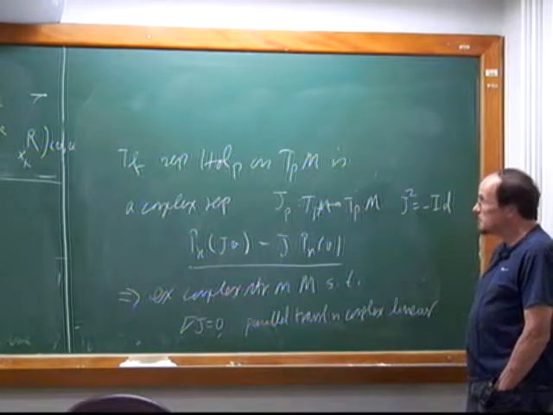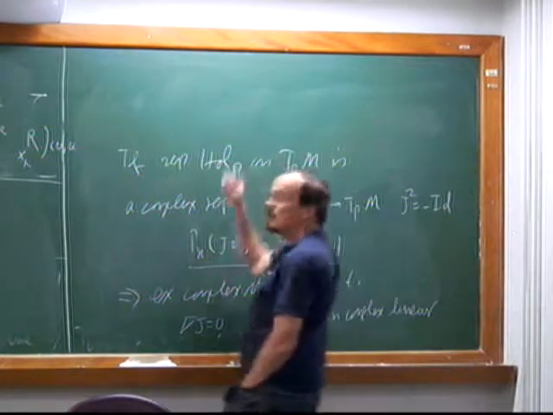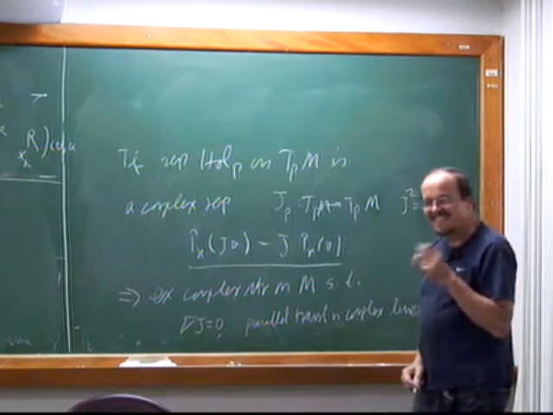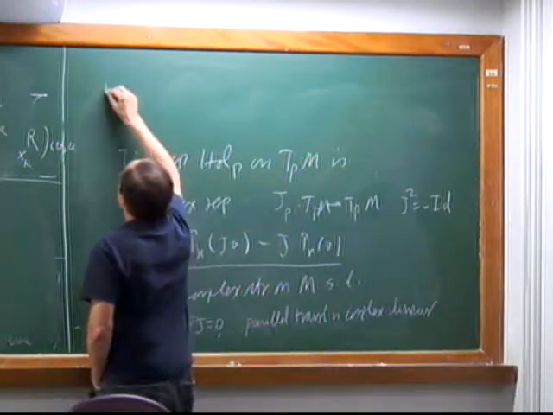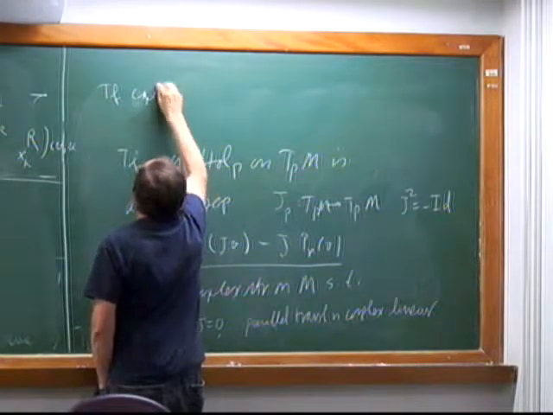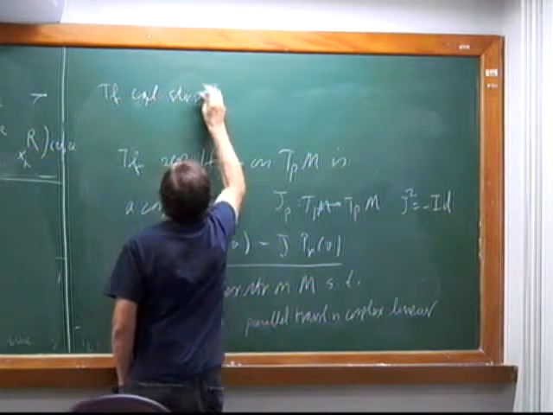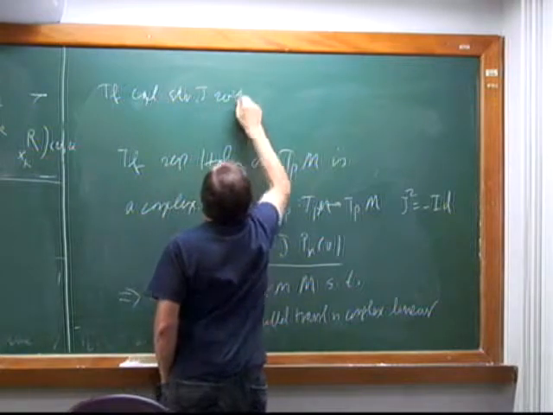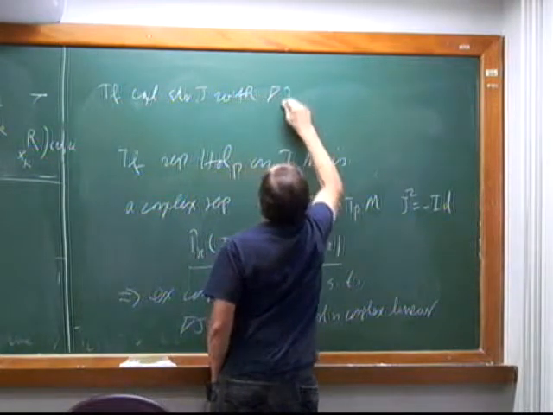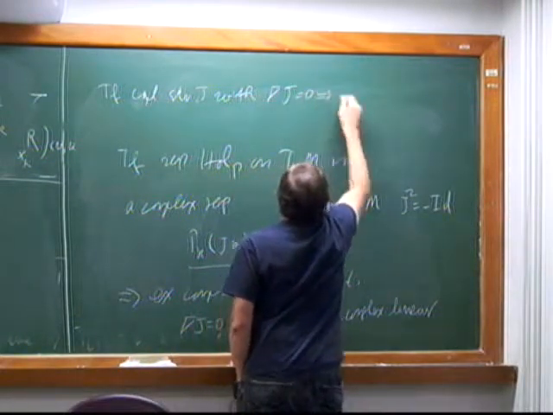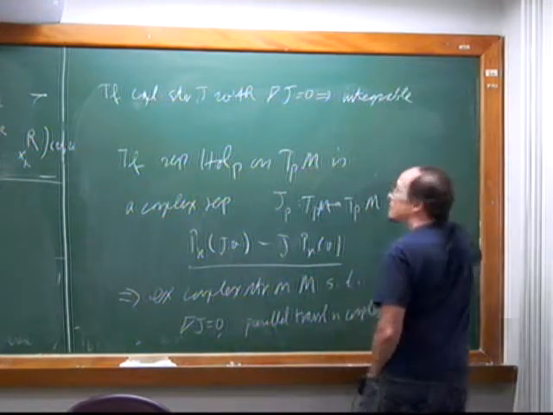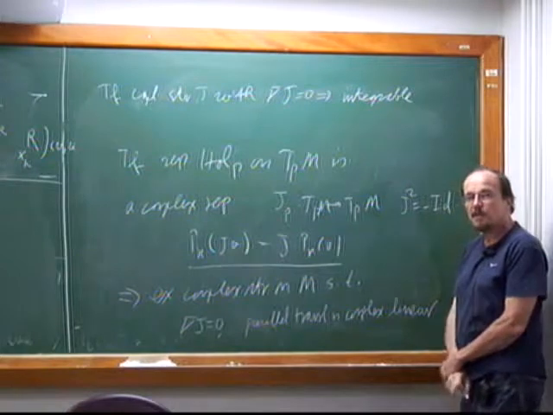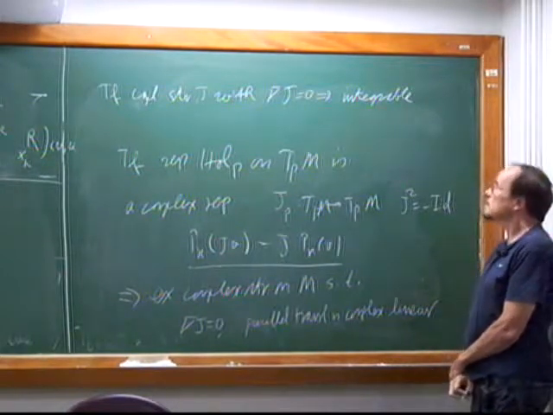Another interesting consequence is whether it's almost complex or complex. It's integrable. So if I have a complex structure J with nabla J equal to 0, this implies integrable. It's a general fact about complex structures. Parallel ones are integrable.